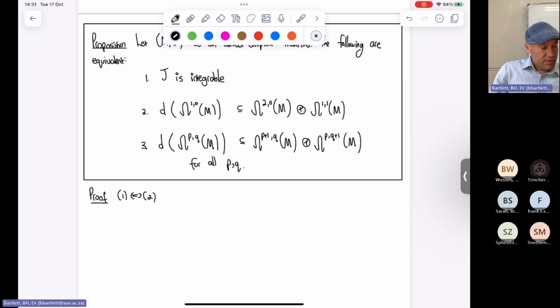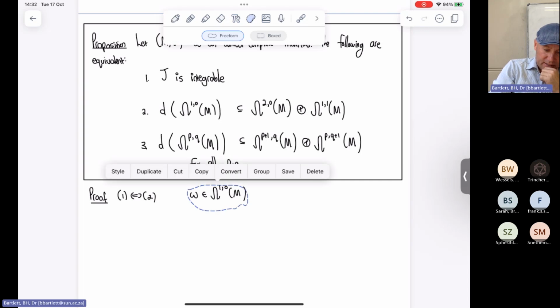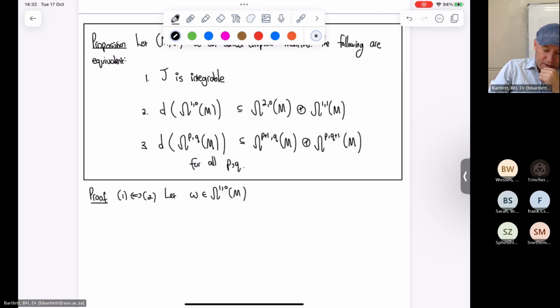So suppose I start with a (1, 0) form, omega. Okay, so I'll start with one of these guys. And also let x and y be smooth vector fields of type (0, 1).